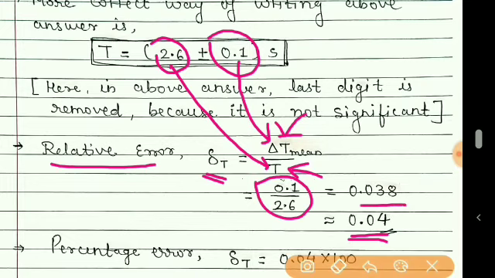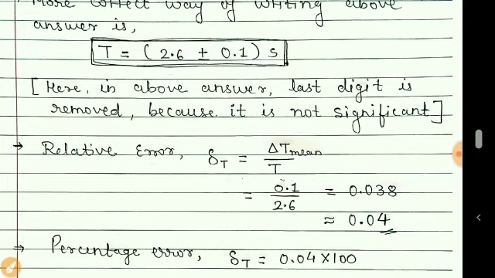You will get this answer on a calculator, but after the decimal we will keep only 2 digits, so we have to remove these 8. Students, remember, when the digit we are going to remove is greater than 5, then we have to increase the previous digit by 1. As it is 3, we will make it 4. So the relative error is 0.04.